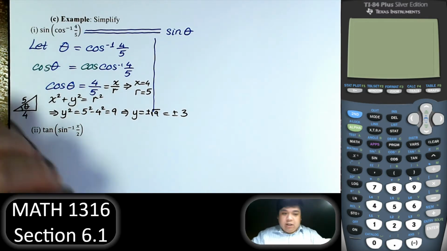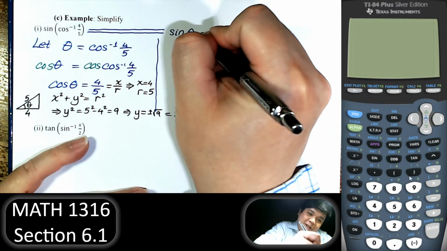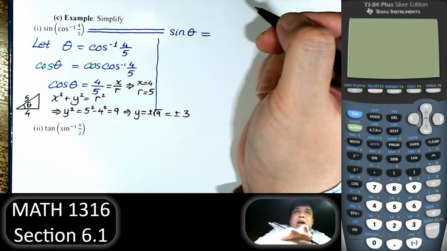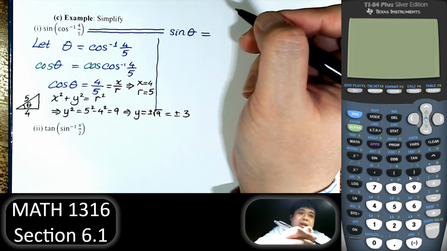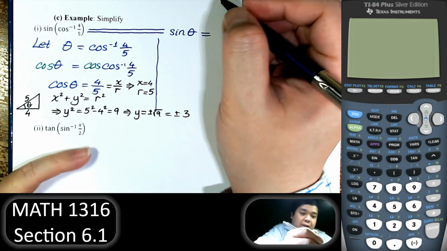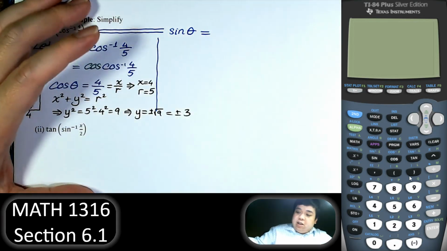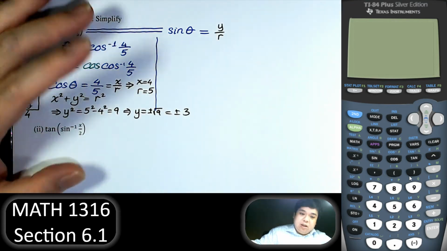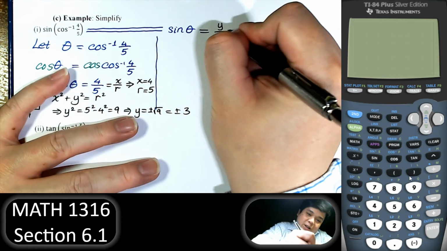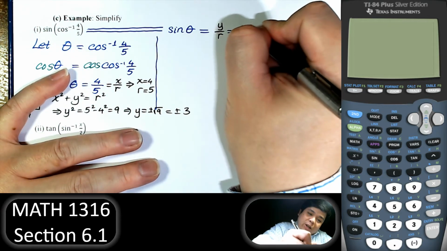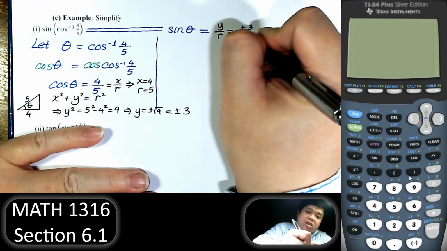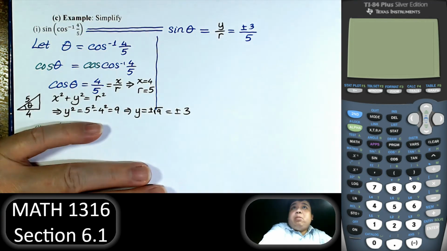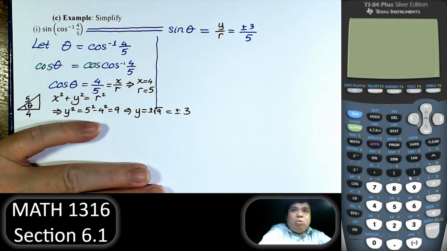And then we do the sine. Now, is that going to be positive 3 or negative 3? Regardless, the ratio for sine is going to be y over r. So that is plus or minus 3 over 5. Now we just need to determine, is that plus or is that minus? And that should be simple enough.